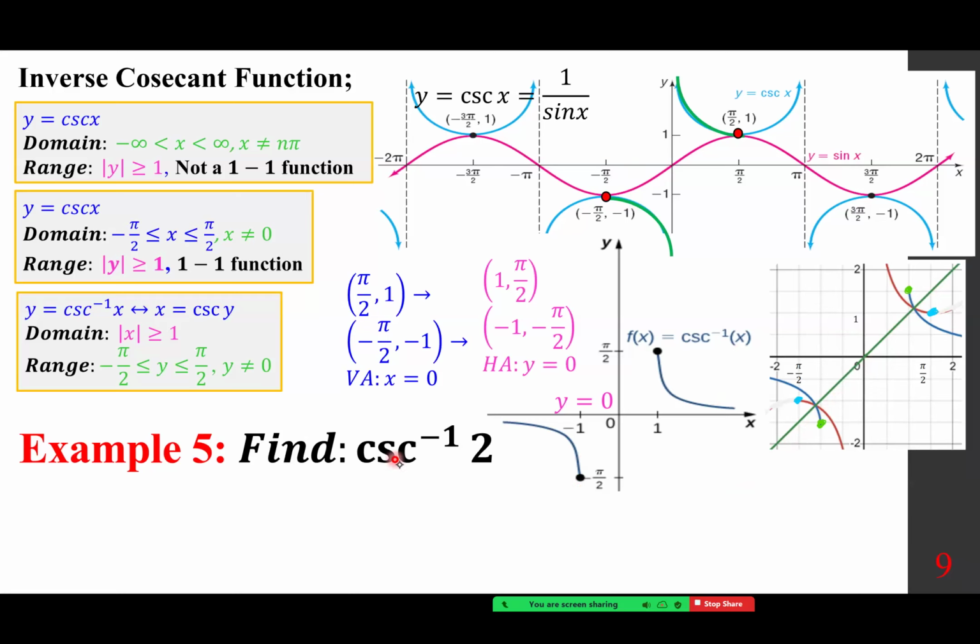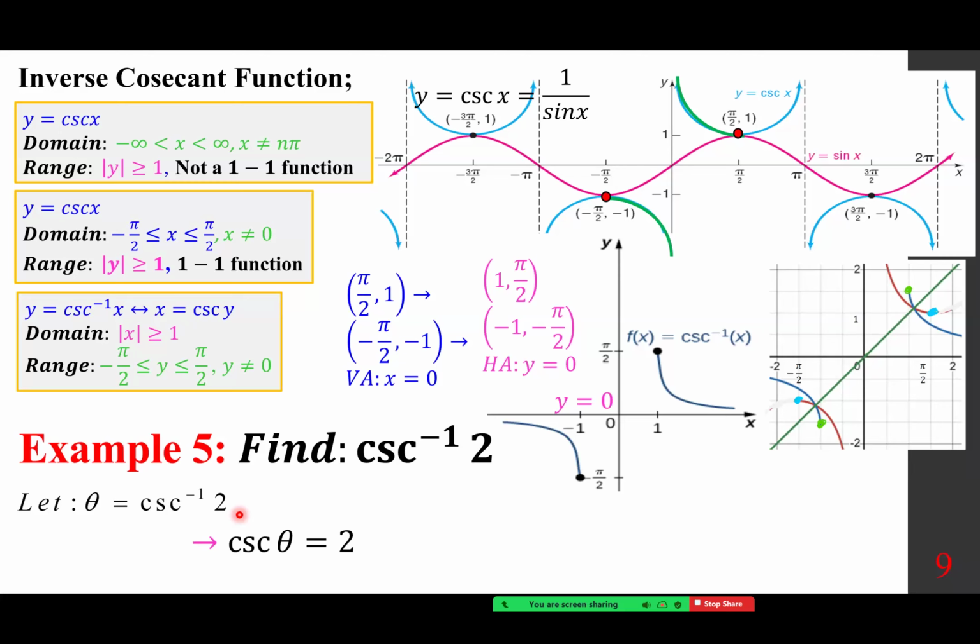As an example, let's find cosecant inverse of 2. Let it be theta. By definition of an inverse, cosecant theta must be 2.